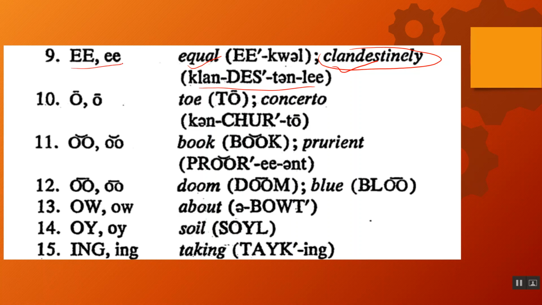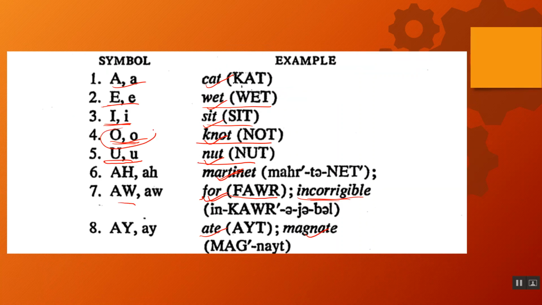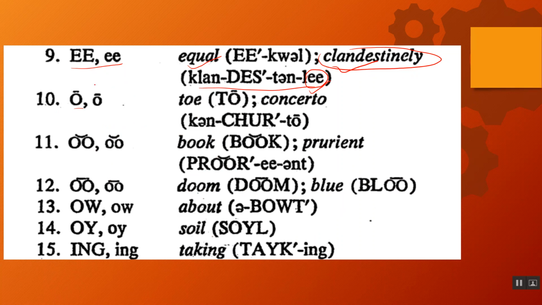Okay, this is O. What was the difference? This is one O, and this is another O. Concerto. This word will not be pronounced like concerto, it is concerto.